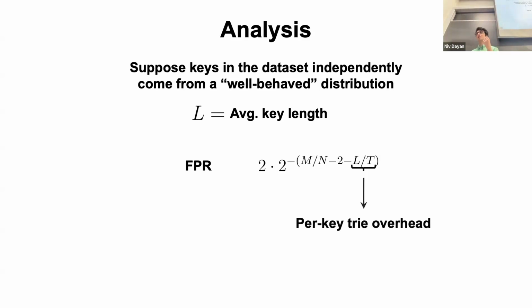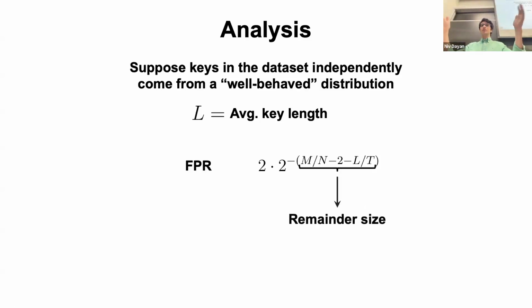And the L over T is the memory overhead of the trie itself, right? Because you're storing a 1 over T fraction of the entire data set, and each key has an average length of L, you're going to get a per key overhead of L over T, which is actually quite small because T is huge. So this entire expression inside of the parentheses is going to be your remainder size, or your fingerprint size in this case.